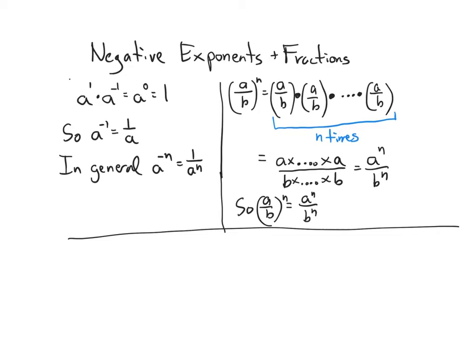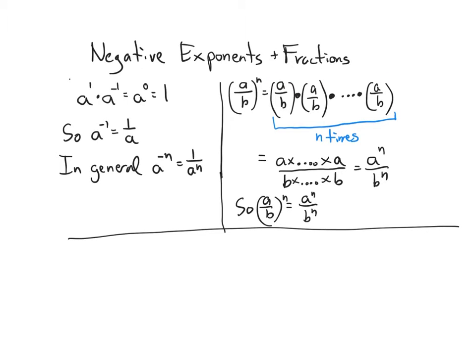Another exponent rule to do with fractions is, what if you have a whole fraction to an exponent? Well, what does this mean? Exponent means multiply the base. In this case, our base is the fraction a over b. Multiply the base by itself, exponent number of times. So it's a over b times itself n times. So what does that mean? We know how to multiply fractions.